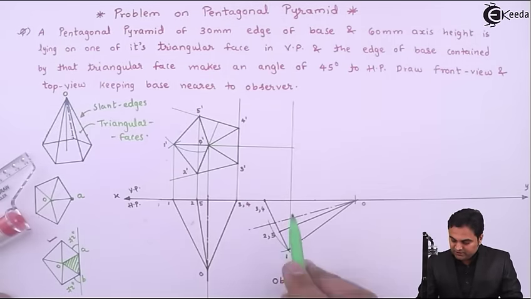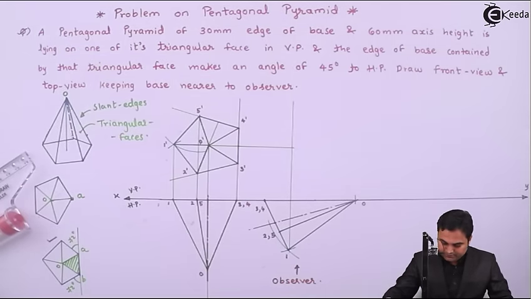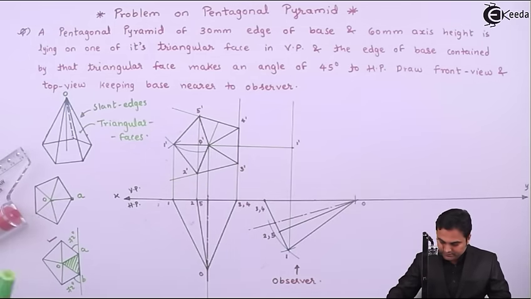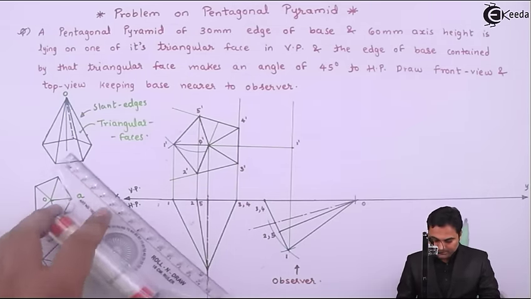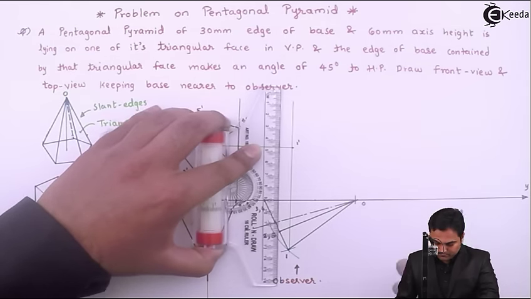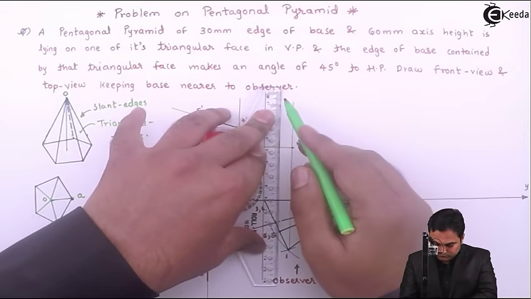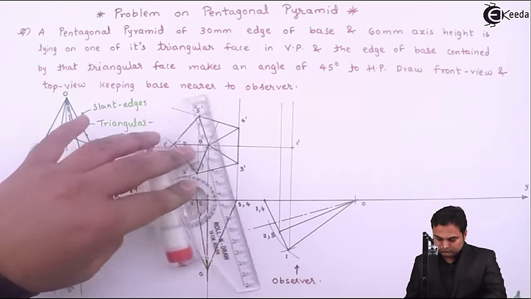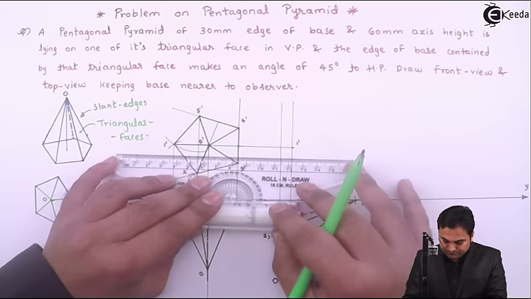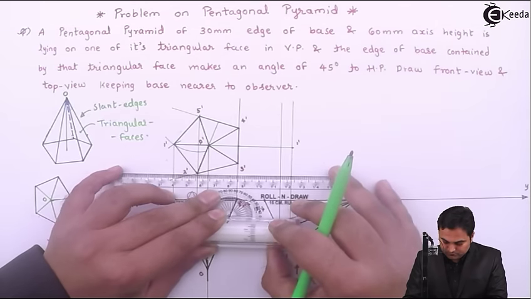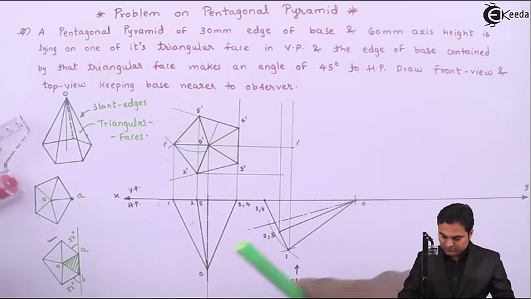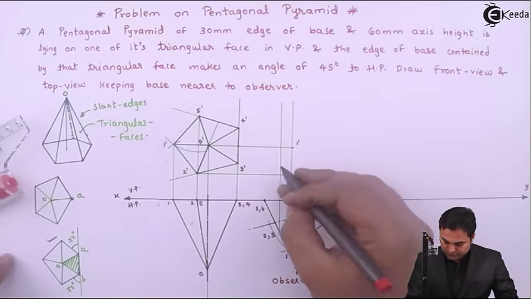So wherever 1 dash and 1 intersect, that will give me point 1 dash. Next, 2 and 5. Point 2 will be projected. So this gives me point 2 dash.